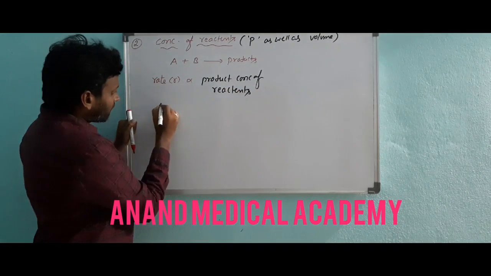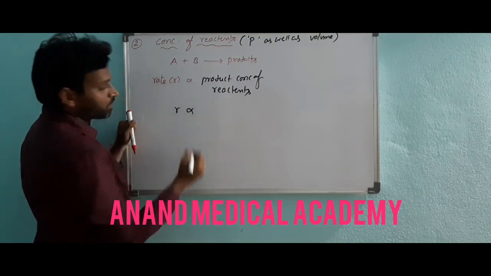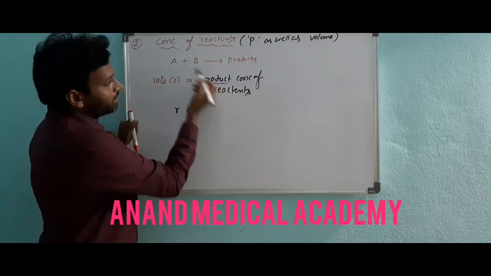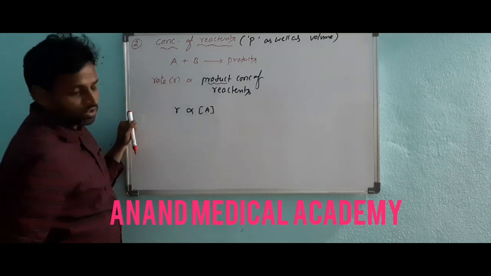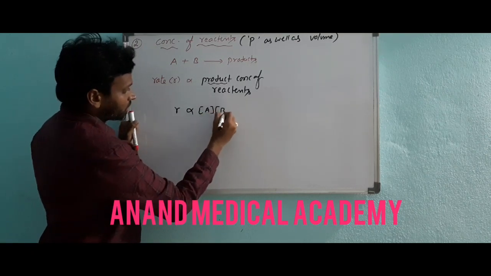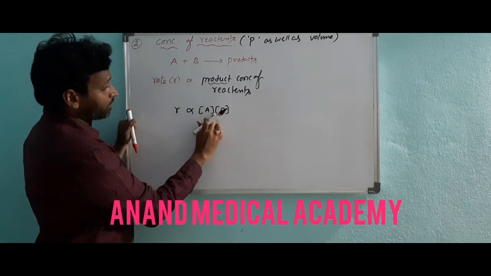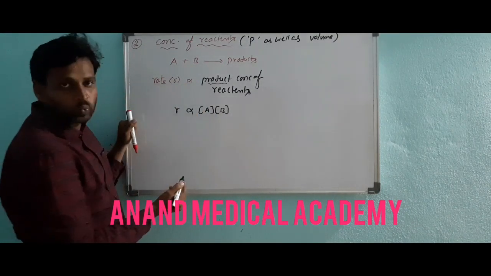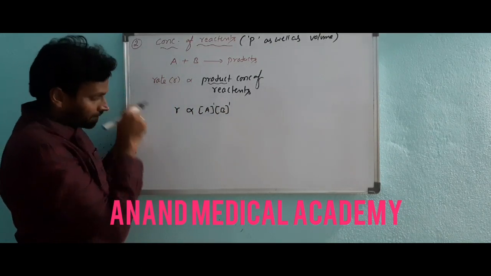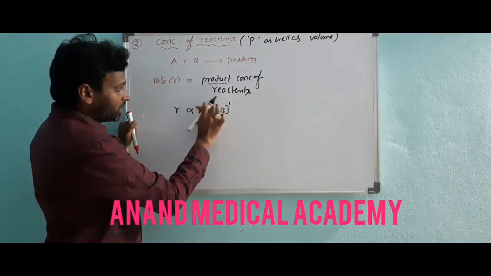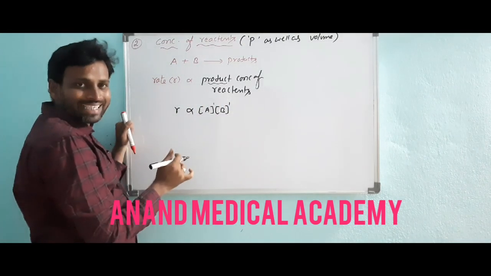Here, R is proportional to the concentration of A into the concentration of B. Don't write plus, here it is into. The powers are 1 and 1. About these powers I will tell you separately. That is called order of reaction.